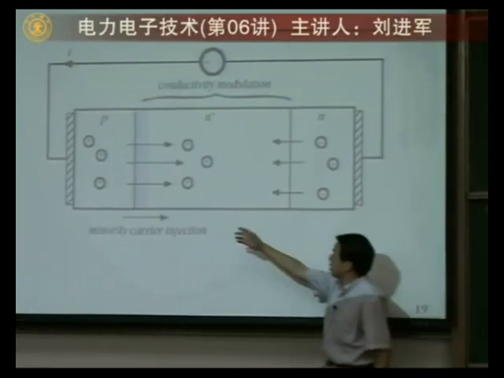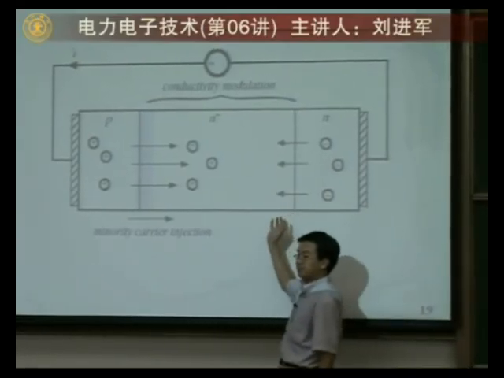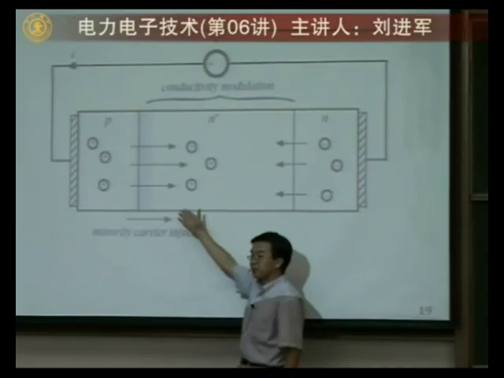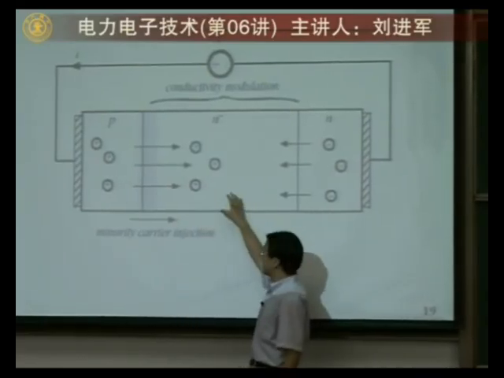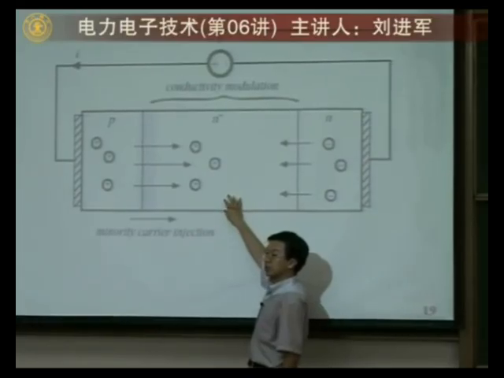When it suddenly changes to reverse biased, this current decreases and finally reaches 0, but there are still carriers inside this region.